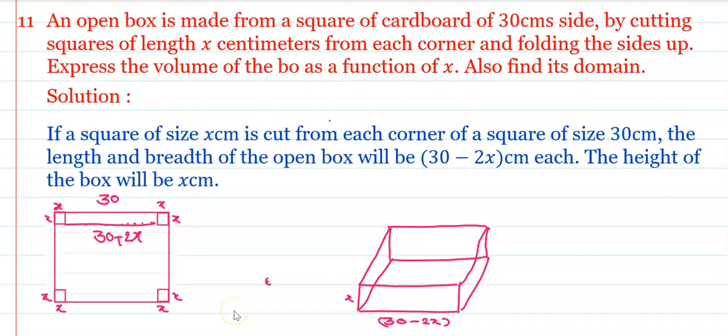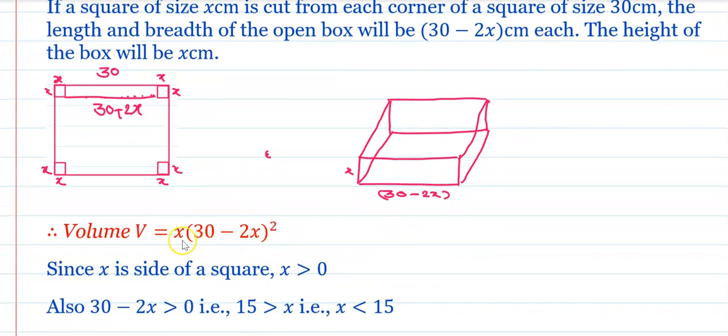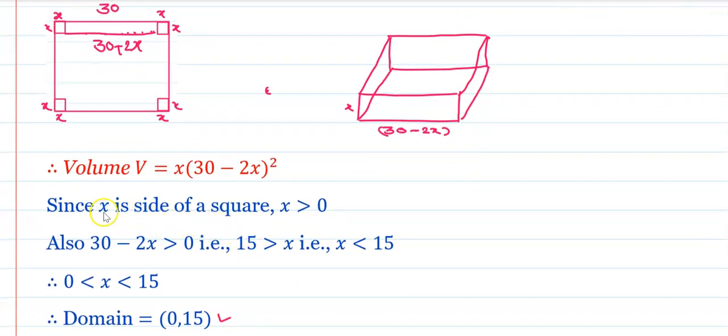पुन्हा एकदा तुम्ही बघू शकता, a square of side x centimeter is cut from each corner of a square of size 30 centimeter. Length and the breadth of the open box will be 30 minus 2x. The height will be x centimeter, and therefore the volume V is equal to x into (30 minus 2x) whole square. Since x is the side of the square, it is positive, so 30 minus 2x is greater than 0.